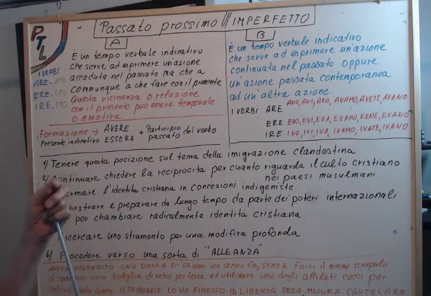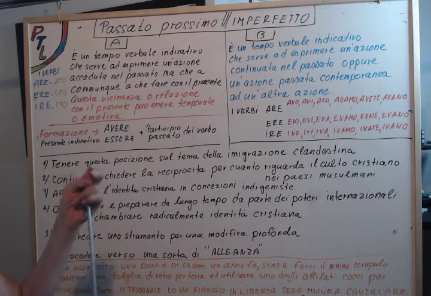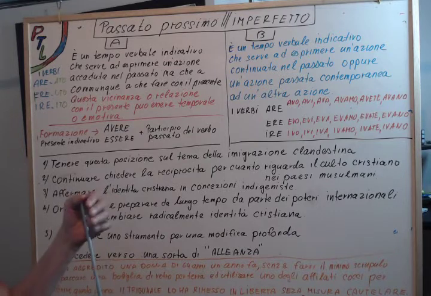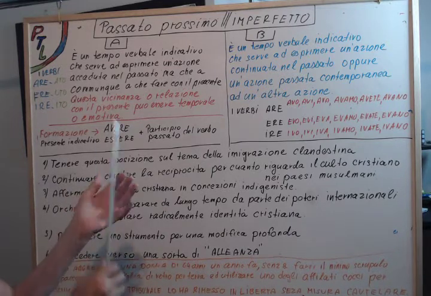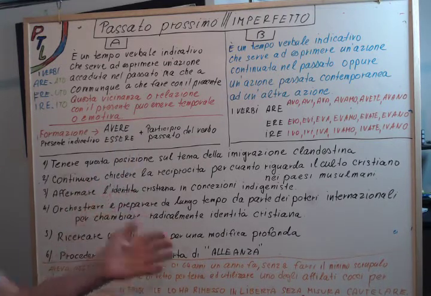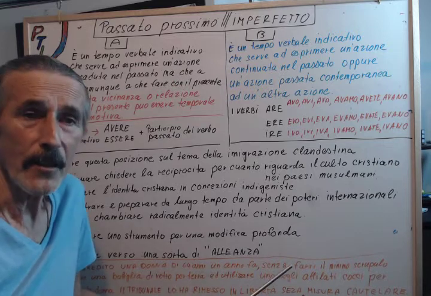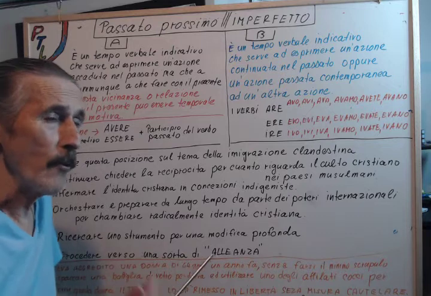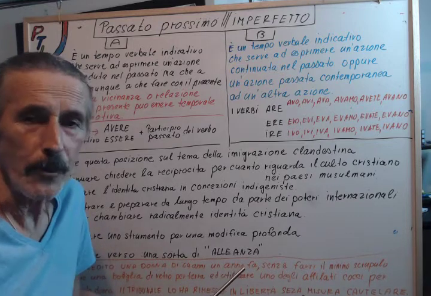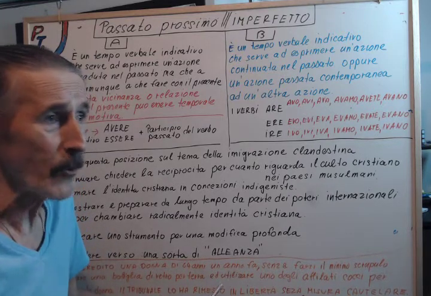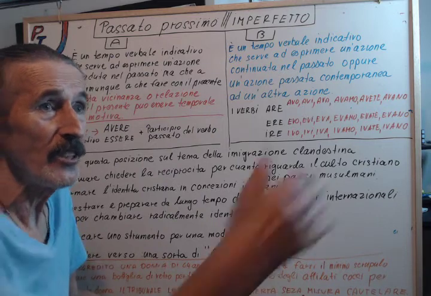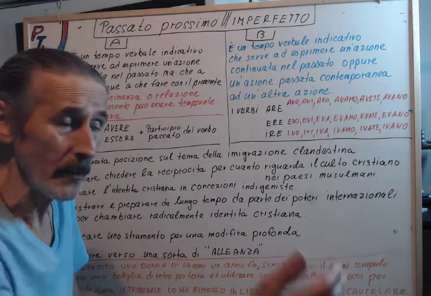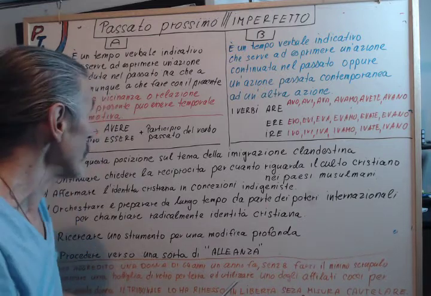It is an indicative verbal tense, and it serves to express an action that happened in the past and still has a temporal or emotional effect in the present. For example, if I say that I have seen my friend, or I have done this work, it's already done, but it still has an effect on the present.